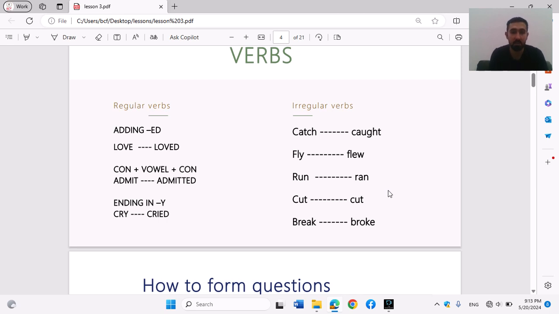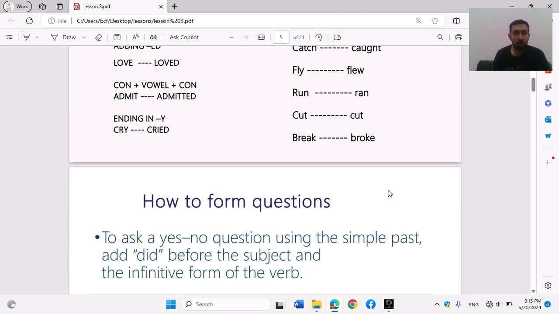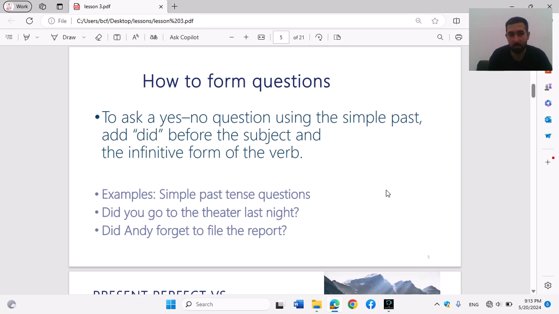When you are talking about perfect tenses, okay, how to form a question in past simple. So we talked about the rule. We talked about how we are going to change the verbs into past. And now we are talking about how to form a question. It's super easy. You're going to use the word did at the beginning of the sentence. But remember, whenever you are adding did, the verb will be simple.